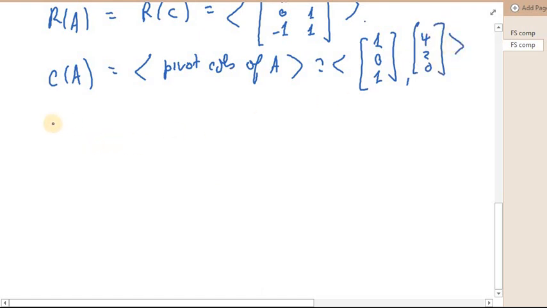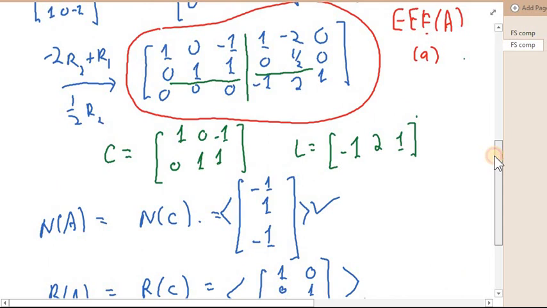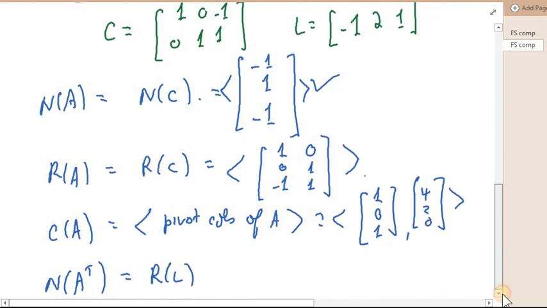Then finally I have the left null space, which is the null space of A transpose, and that's equal to the row space of L. And the row space of L is what? Well, L is minus 1, 2, 1. So I can write that as a column vector like this, minus 1, 2, 1.